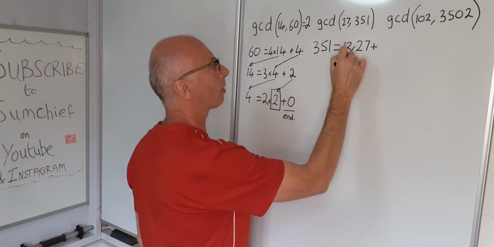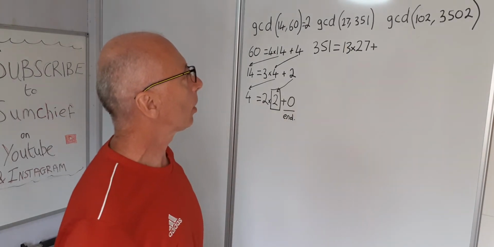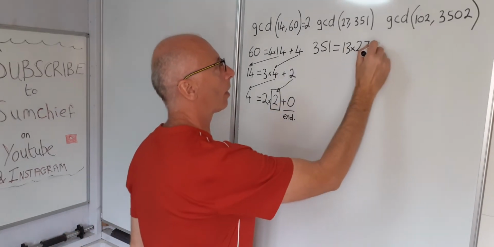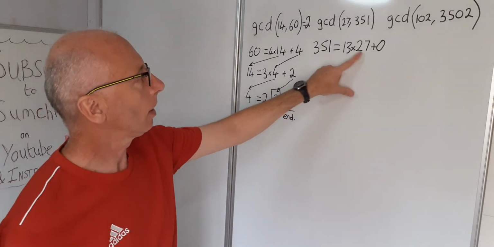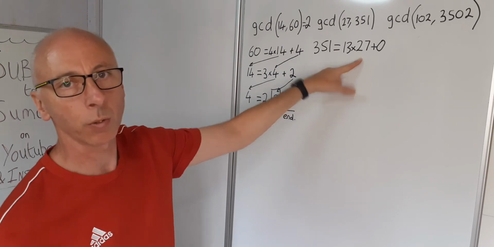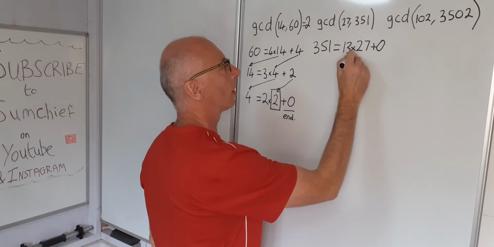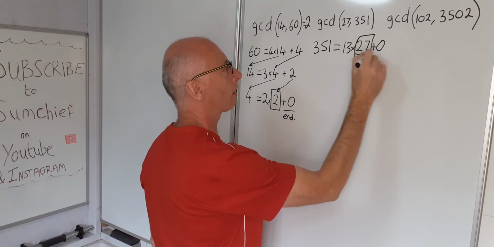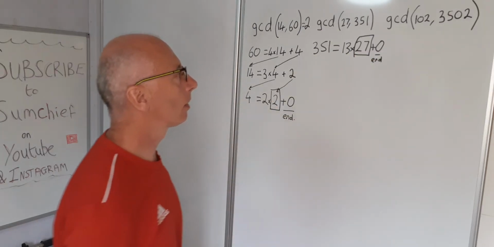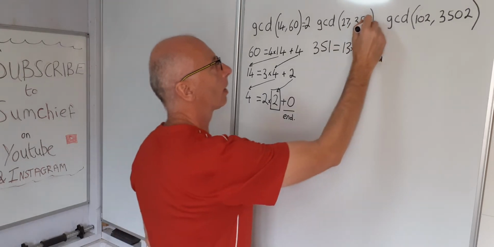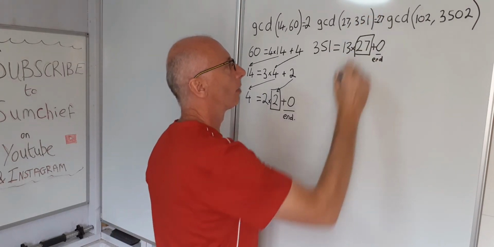So 13 times 27, so that becomes 351 plus 0. So therefore we can say that the greatest common divisor of 27 and 351 is 27. We got there straight away. So that is the end. So 0 is the end, and then 27 gives us our answer. So this one here is 27.